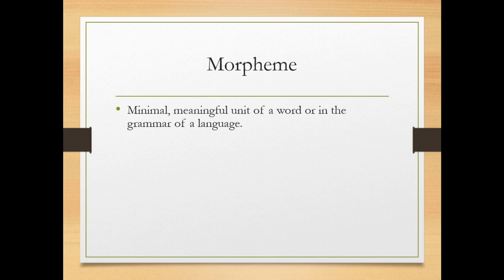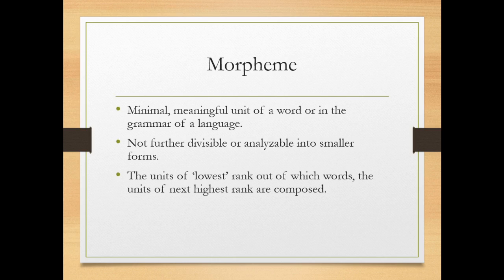Morpheme is a minimal, meaningful unit of a word or in the grammar of a language, which is not further divisible or analyzable into smaller forms. The units of lowest rank out of which words and units of next highest rank are composed.